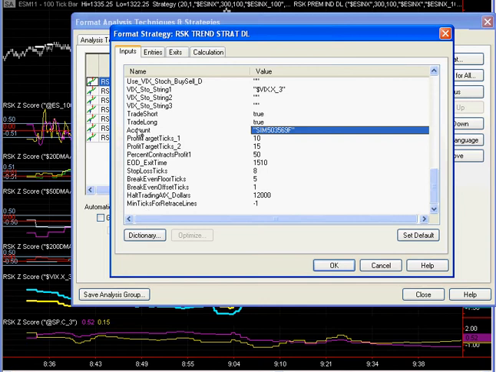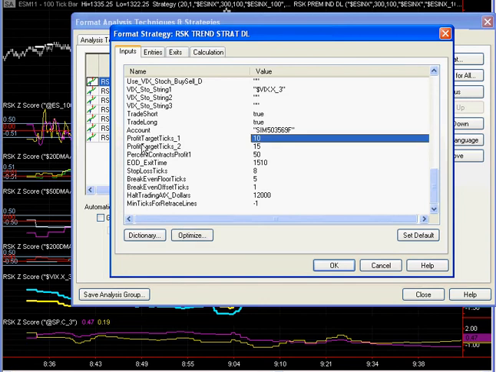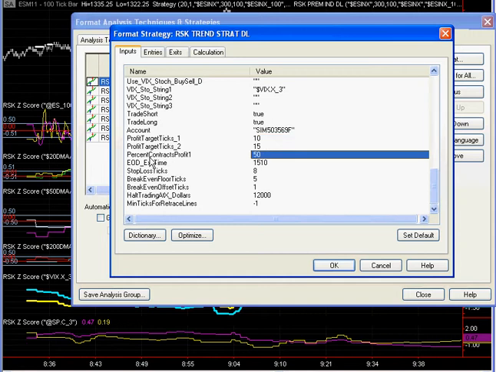So we enter our account, or the simulated account in this particular case. We can decide upon a specific profit target based on the number of contracts that we're trading. And if we're trading more than one contract, we can have 2 different profit targets, and we can specify what portion of the contracts will apply to the first profit target.